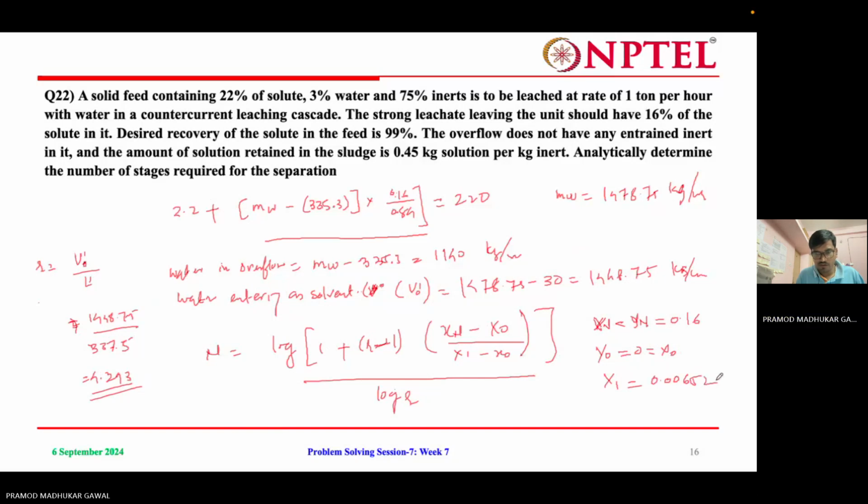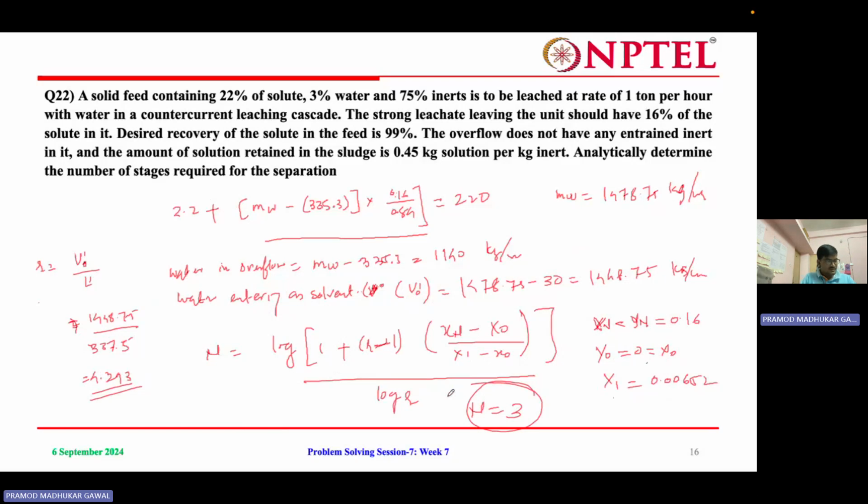So all the values are calculated. Now put the values in this equation: Xn is 0.16, x naught is equal to 0, and x1 is 0.00652. So the n value is 3.